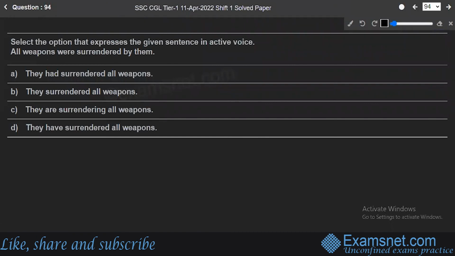The given sentence is in passive voice, and you have to convert this one into the active voice, right? The subject of the given sentence is all weapons and the object is them. The subject will be put in the place of the object, and the object will be put in the place of the subject, and the word surrendered will be changed to surrendered only.